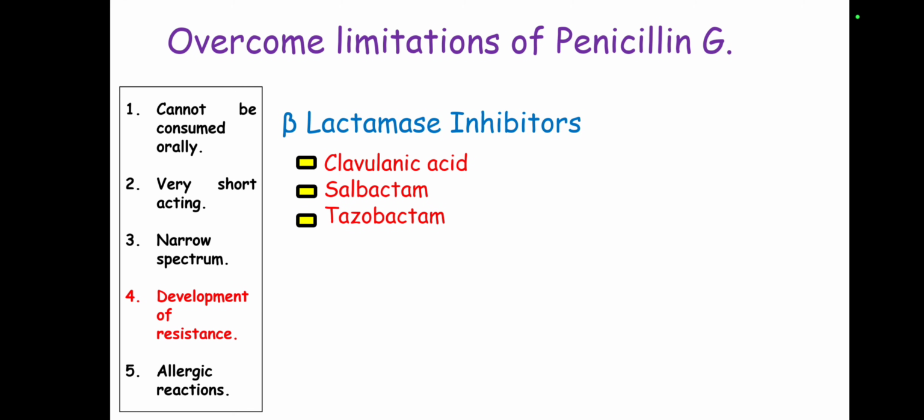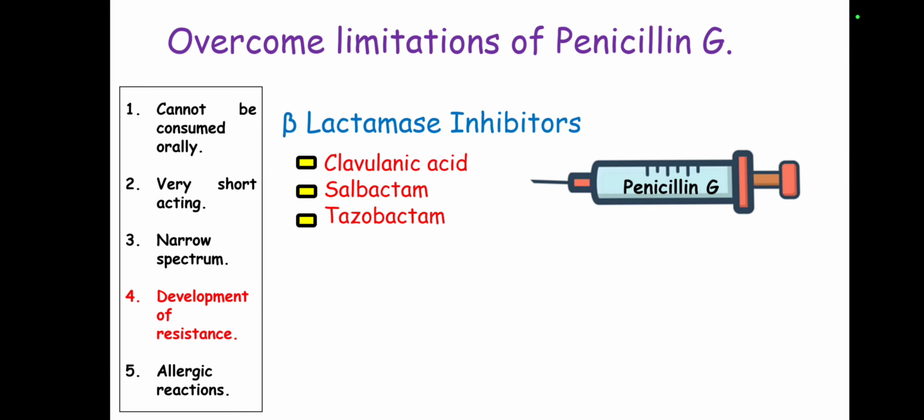So obviously for their efficacy, they should be given along with the penicillin G, so that they can protect penicillin G. See, these beta lactamase inhibitors cannot kill the bacteria. Their work is just to protect the penicillin G, and penicillin G will be doing the work.